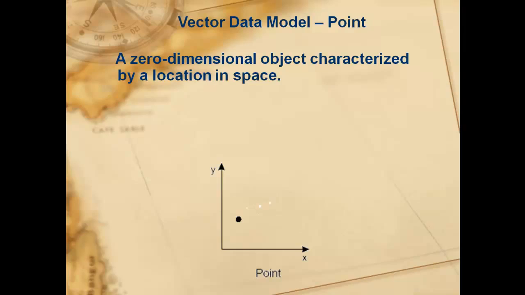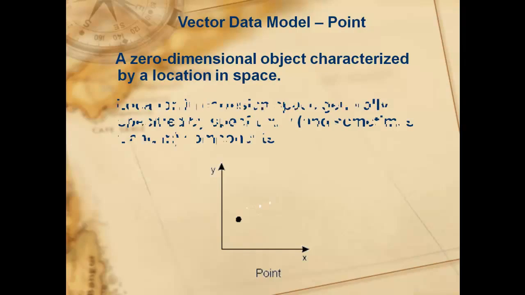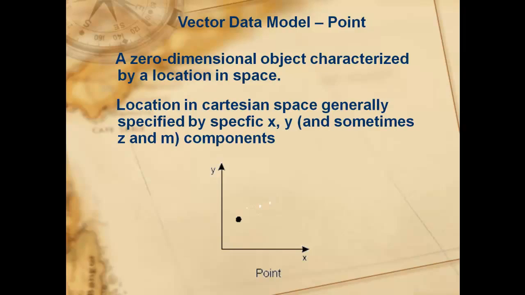So it has zero dimensions. A point is a zero-dimensional object. The way you specify location, I'll talk a lot about that in the videos that follow over the next week or two, is you generally specify coordinates of some sort, and in many cases Cartesian coordinates are chosen, which is an x and a y component.